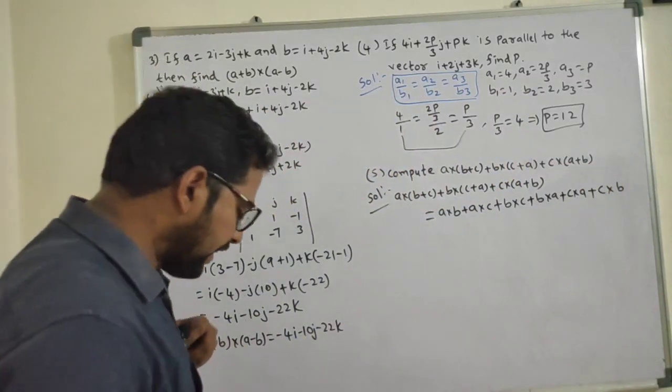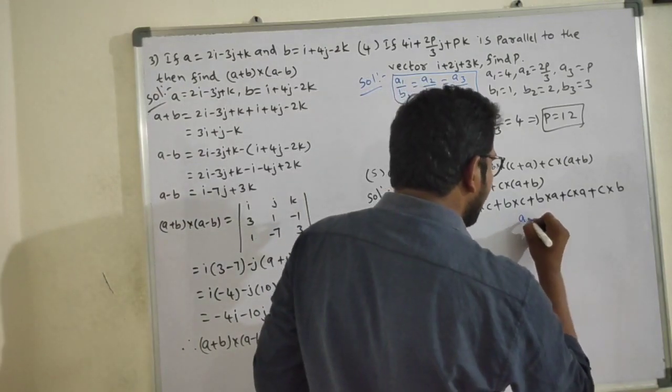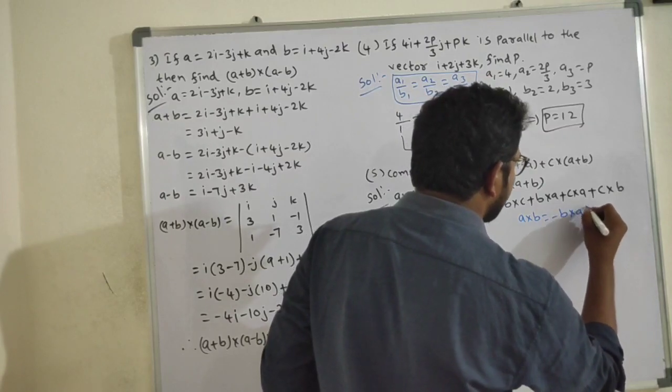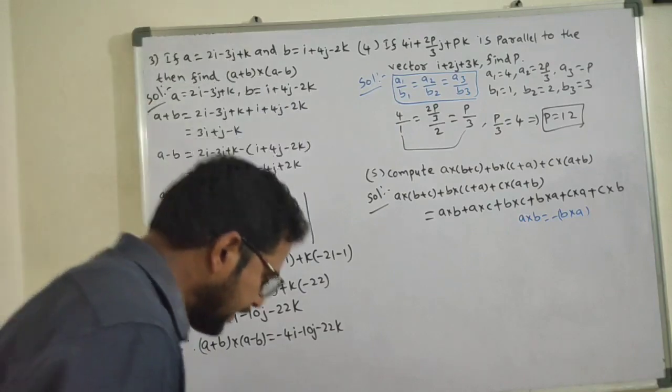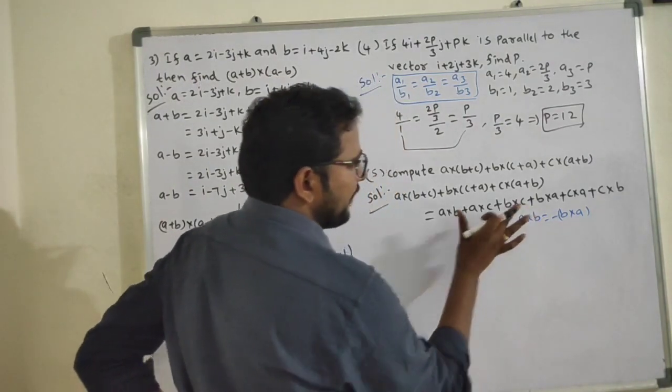But we know one condition: we can write A cross B as minus B cross A. Apply this condition for the first three terms.